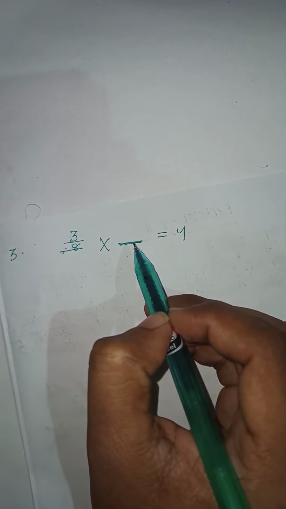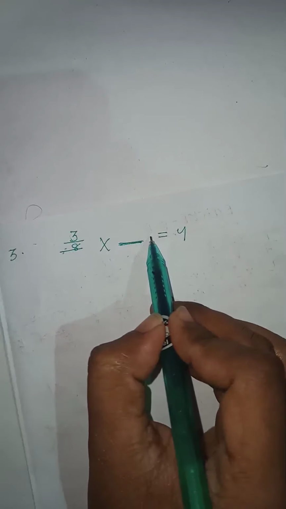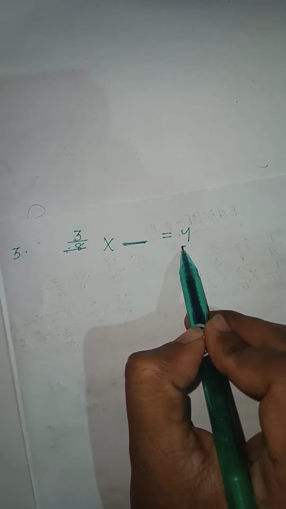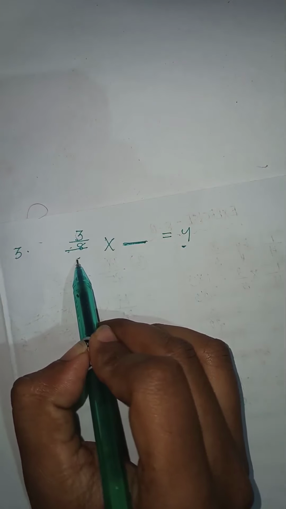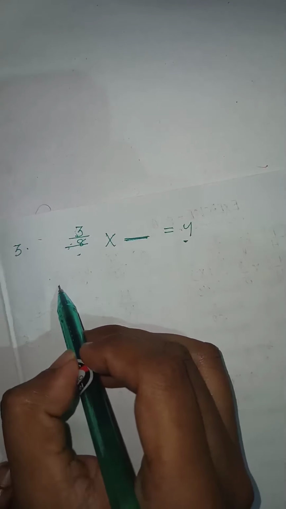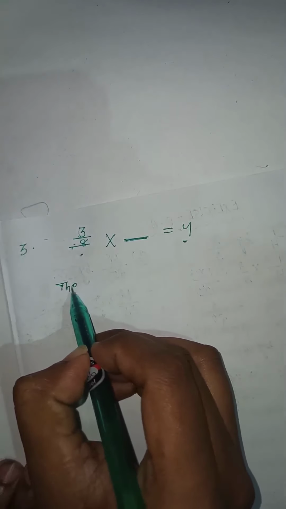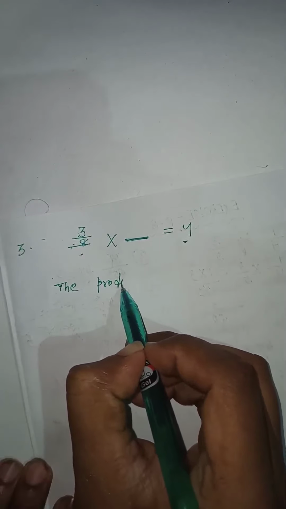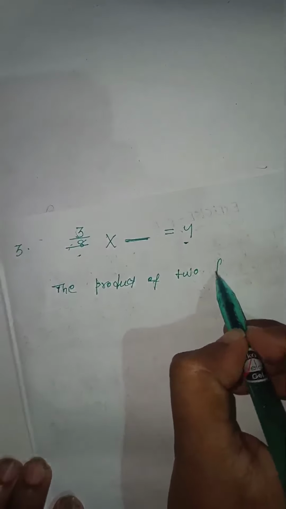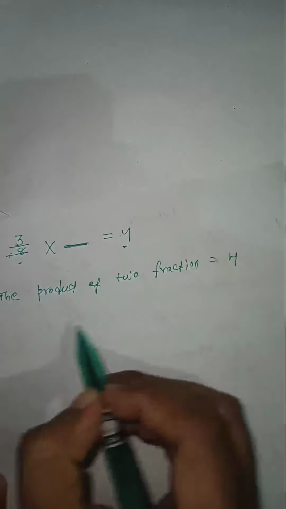Already in exercise 8D I made it clear to all of you how to do this type of question. If there is any multiplication of two numbers, you will do the right hand side divided by the left hand side number. So you can write directly here: the product of two fractions is equal to 4.